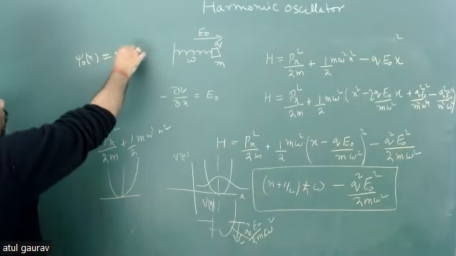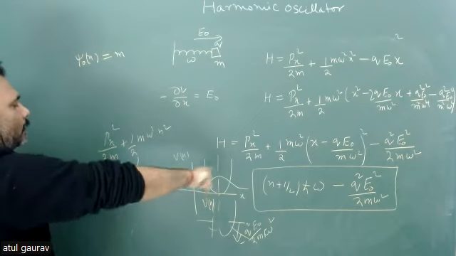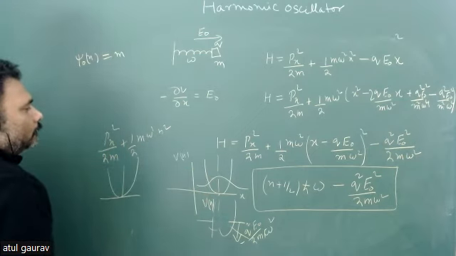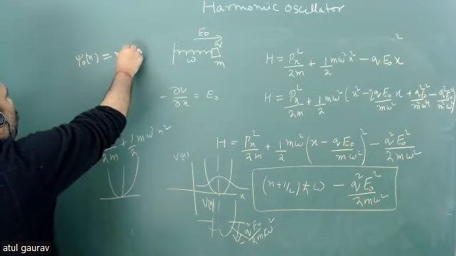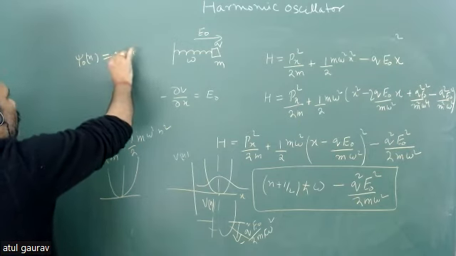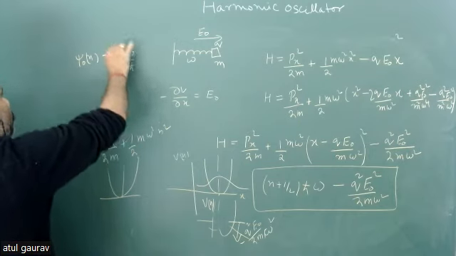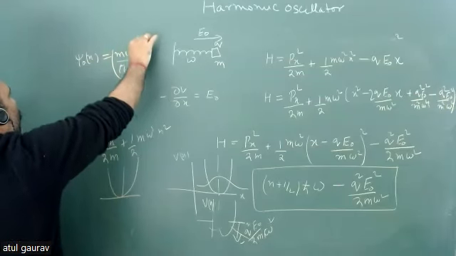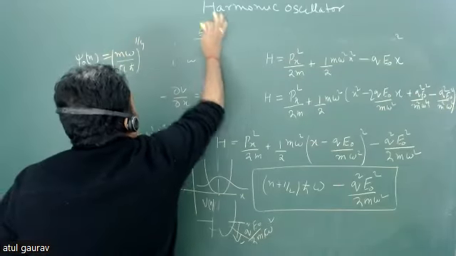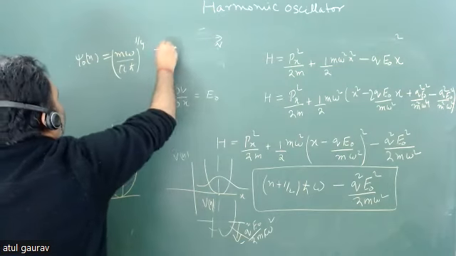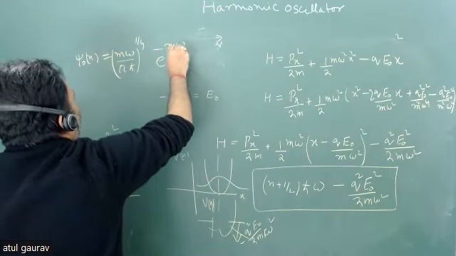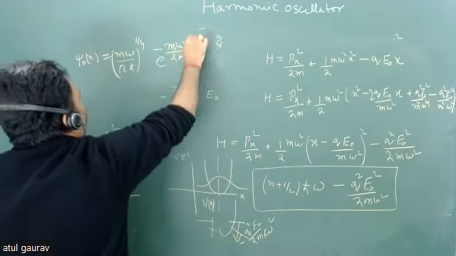Normalized one. Is that normalization constant is going to change? बताओ. No, sir. No. (m omega upon pi h cut) to the power 1 by 4. So what is going to change? E to the power minus m omega upon 2h cut. यहाँ क्या आ जाएगा?